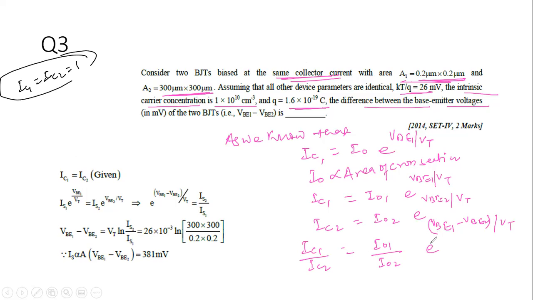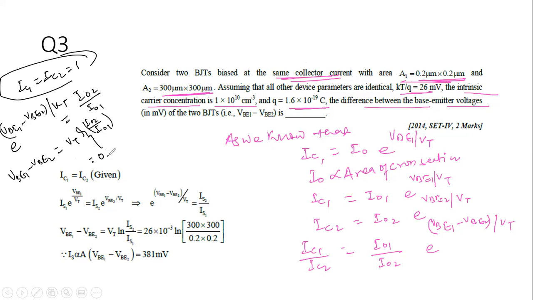Putting it here, e raised to the power (VBE1 minus VBE2) divided by VT is equal to I02 upon I01. So VBE1 minus VBE2 equals VT ln(I02 upon I01). Just put here 0.026 ln I02.